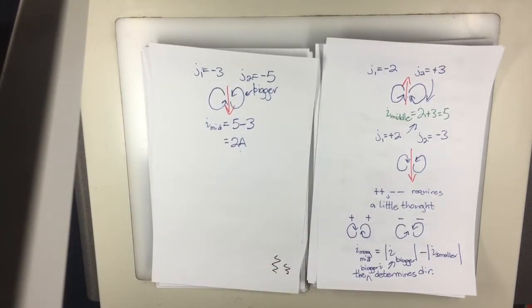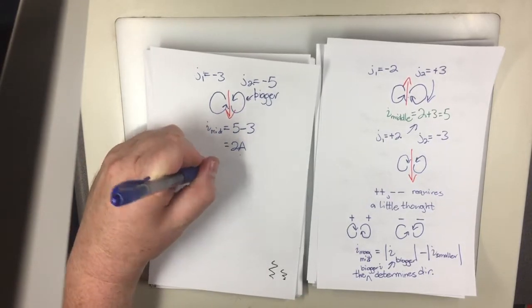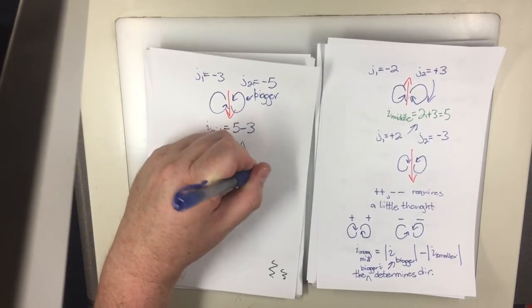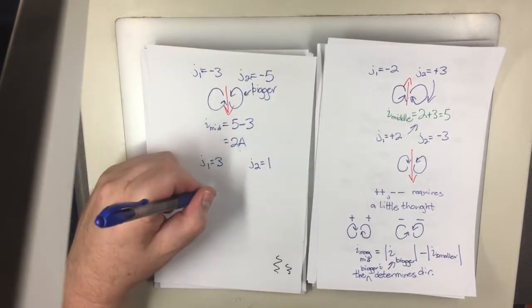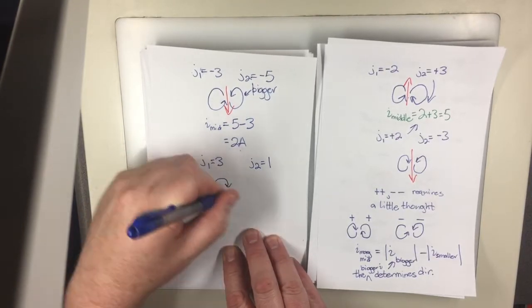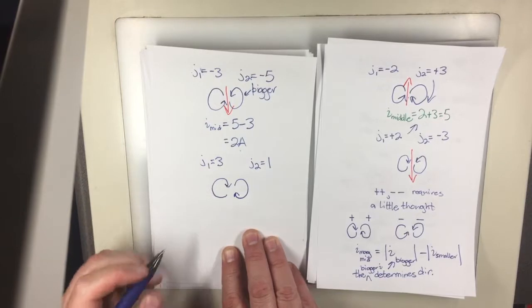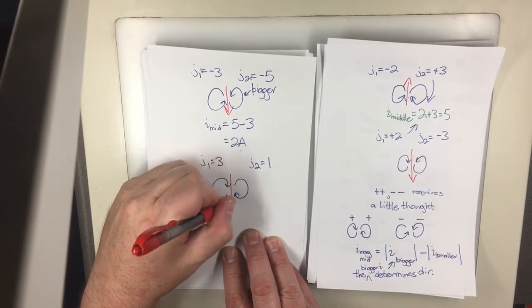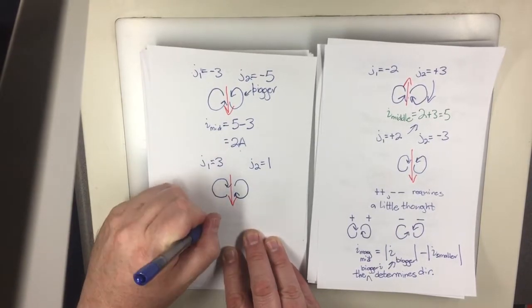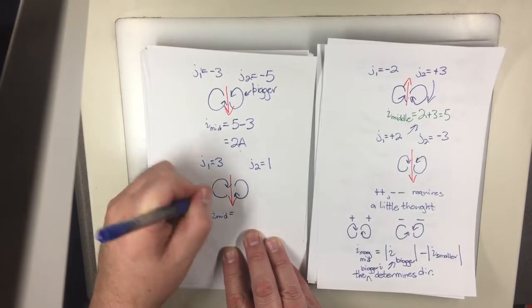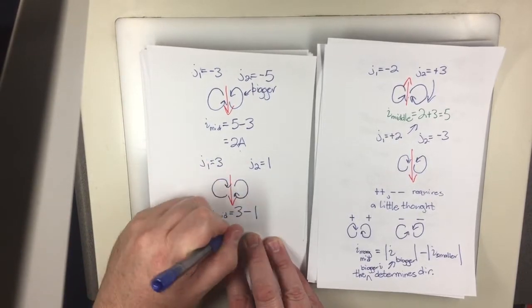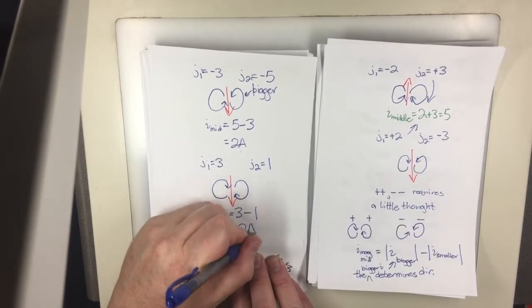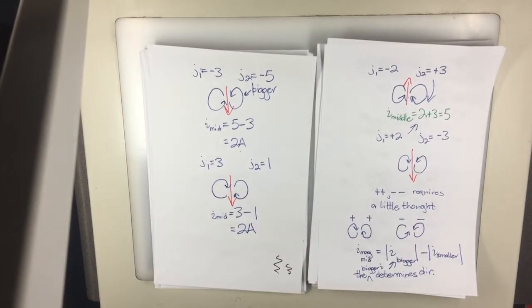In the event of J1 equal to 3 and J2 equal to 1, they're both positive, so they're both clockwise. J1 is bigger than J2, so the current is going down, and I mid is the bigger one, 3, minus 1, and you get 2 amps. And so those are the four possibilities.